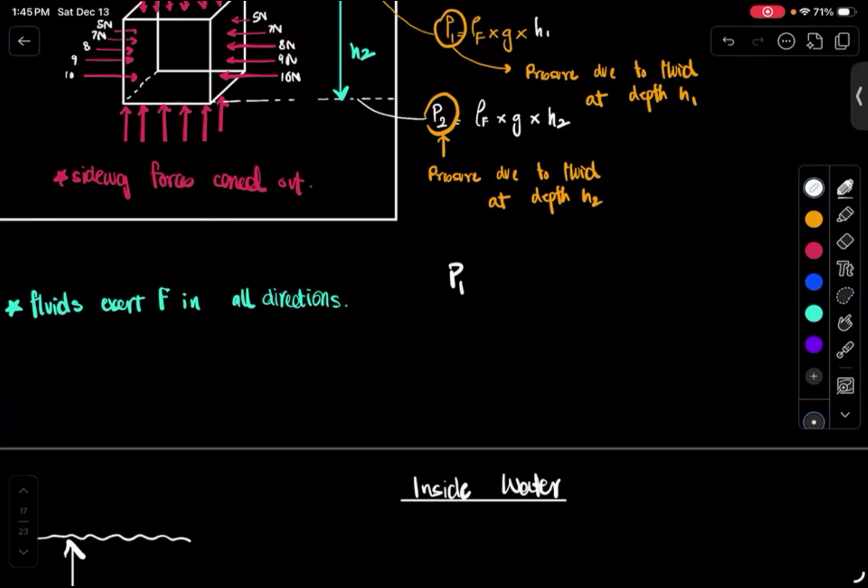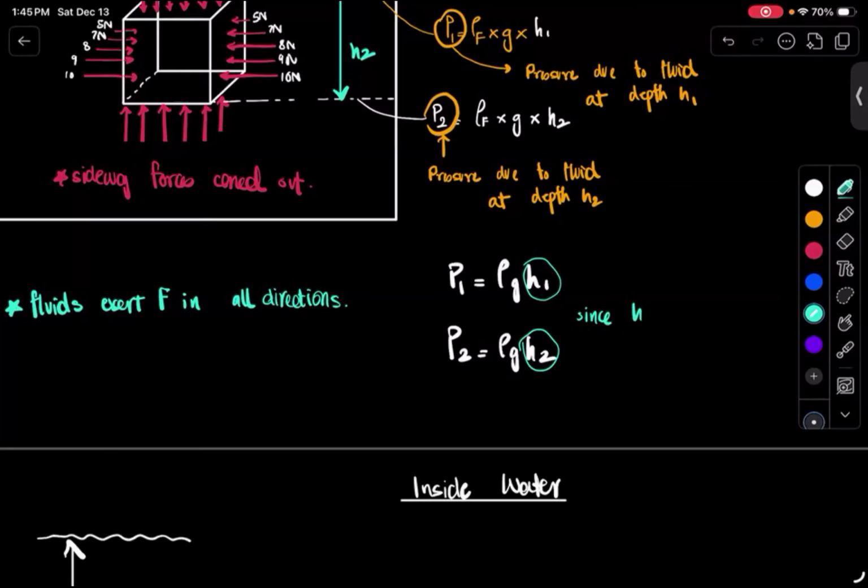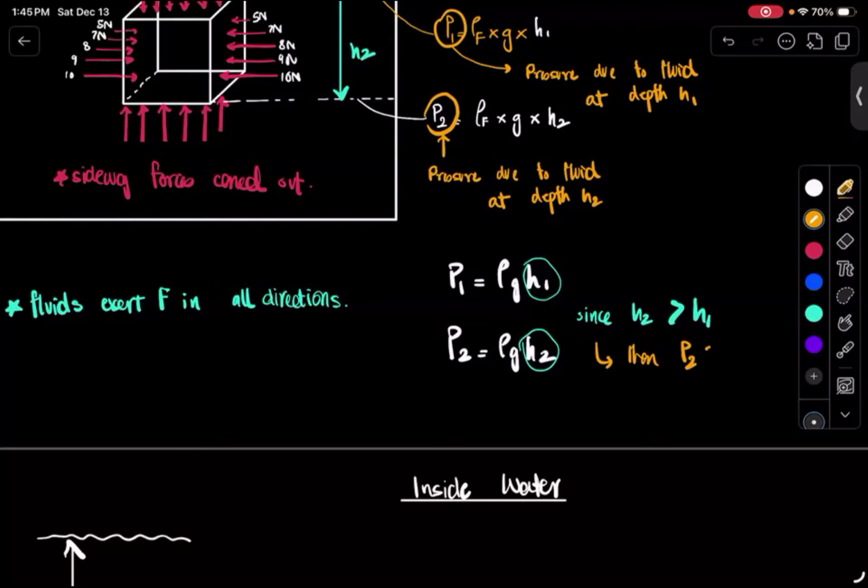If P1 is equal to rho g H1, P2 is equal to rho g H2. We know that density and g are the same, right? Since H2 is always greater than H1, because it's at a greater depth, that means P2 must be greater than P1, right?